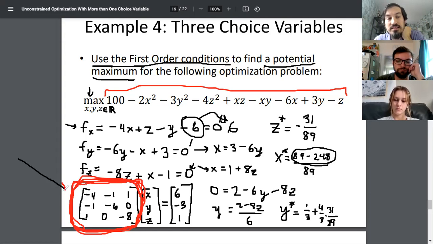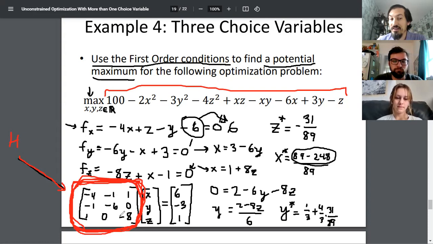But I do think it's nice to make this connection that, hey, we weren't looking for the Hessian matrix, but there it is. While solving for the first order conditions, for the potential maximum of this problem, we also generated the Hessian matrix. And we calculated the determinant of it, and it's this number in the denominator that keeps popping up, 89, which we got using substitution.